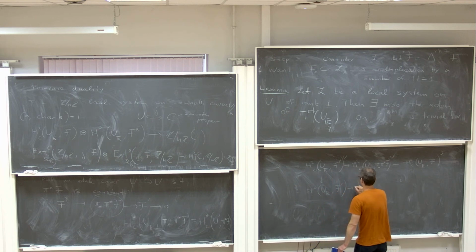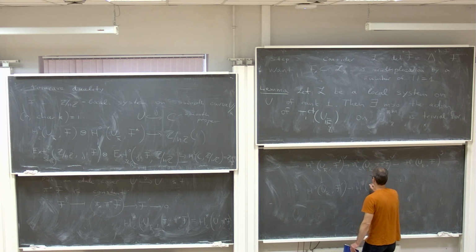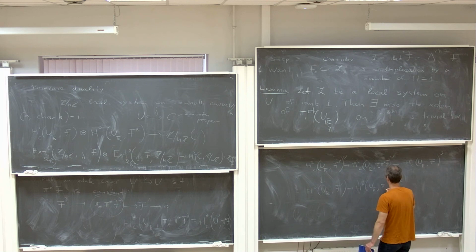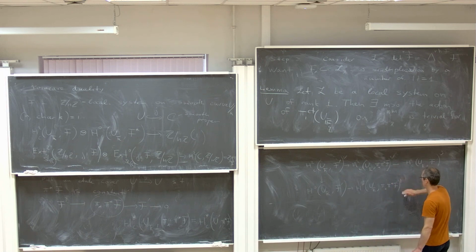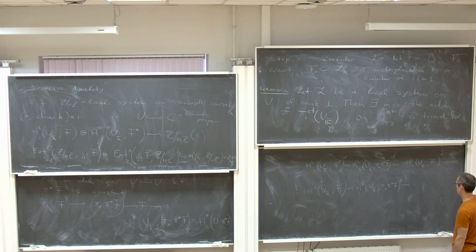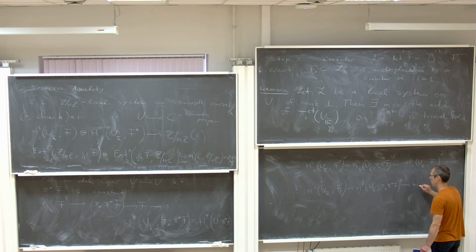I have H_0 of U_k̄ with this guy, and then I have H_0 of U_k̄ with F. Okay?